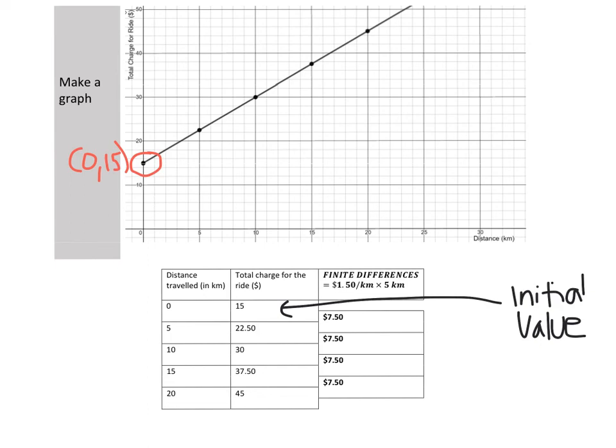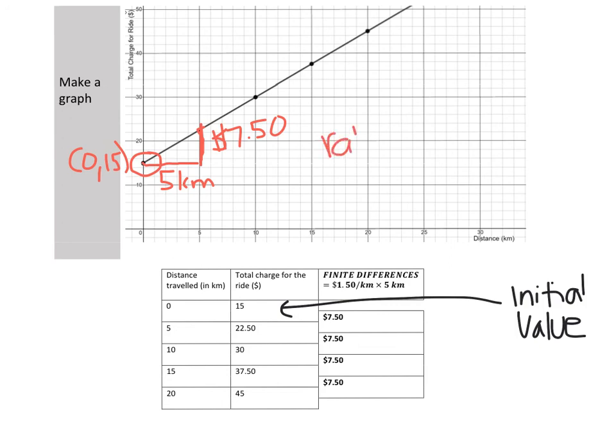Each time we travel 5 kilometers, we pay an additional $7.50. So if I draw a rate triangle between these 2 points, we'll notice that there's a change of $7.50 for 5 kilometers traveled. This is our rate of change triangle that helps us find the rate of change from the graph.